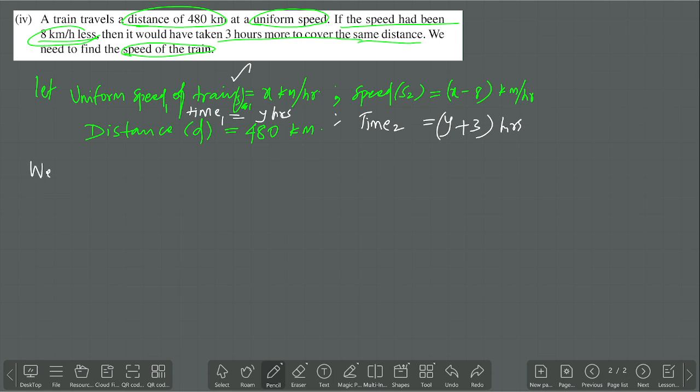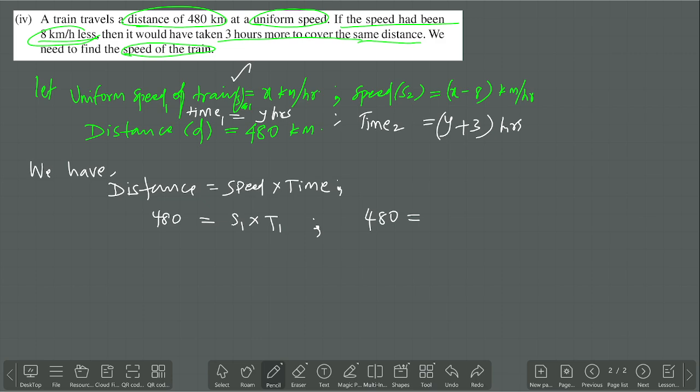Right. So we have distance, which is equal to speed into time. We have this in our hand now. So distance is 480, which is equal to speed 1 into time 1. Am I right? If I come to the second condition, it is the same 480.